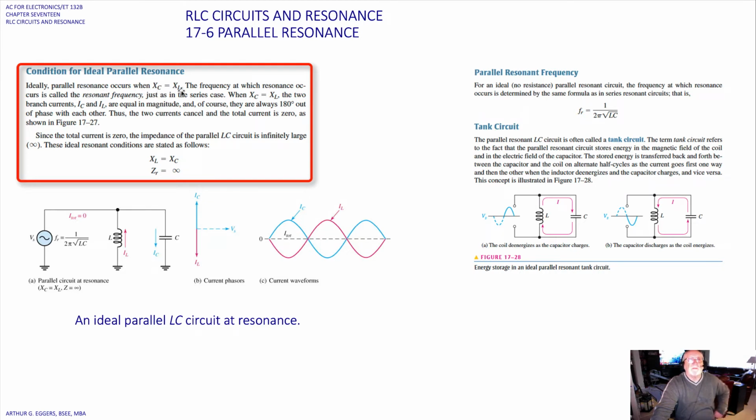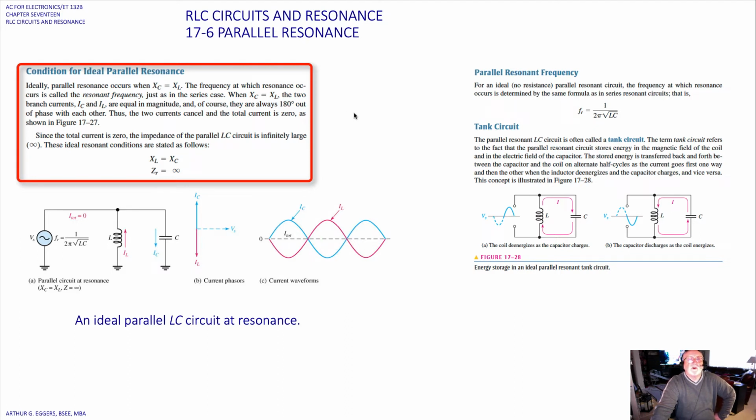So we've seen that. The frequency at which the resonance occurs is called the resonant frequency, just as in the series case. When X sub C equals X sub L, the two branch currents I sub C and I sub L are equal in magnitude, and of course they're always 180 degrees out of phase, and you can see that in the phasor diagram.